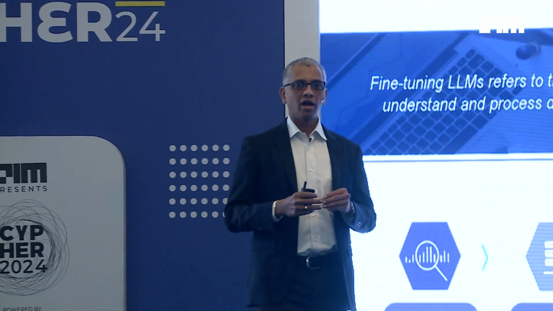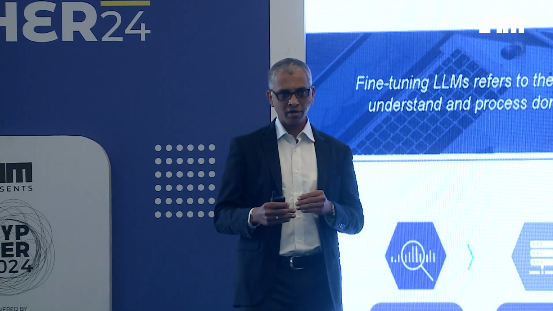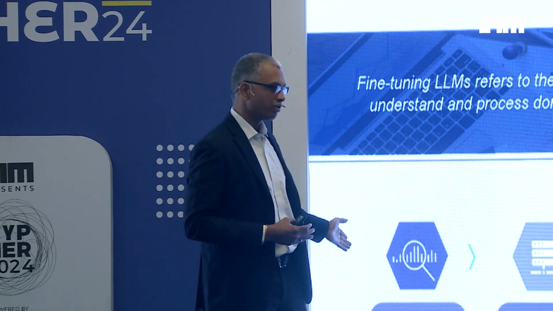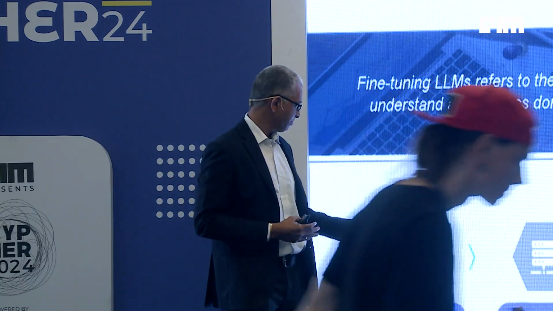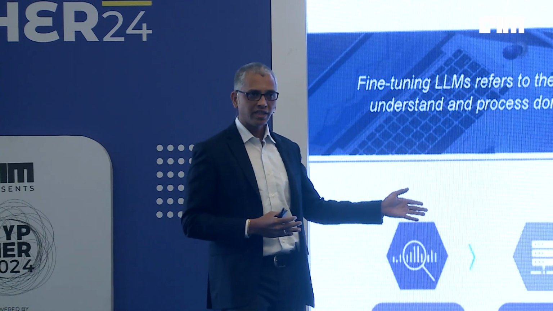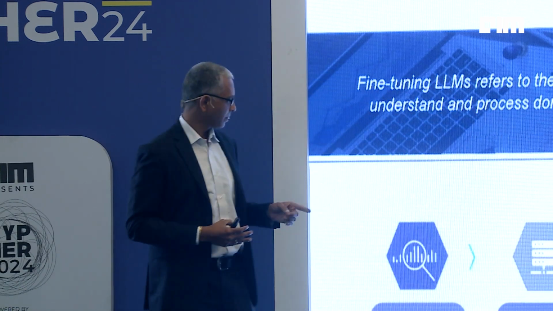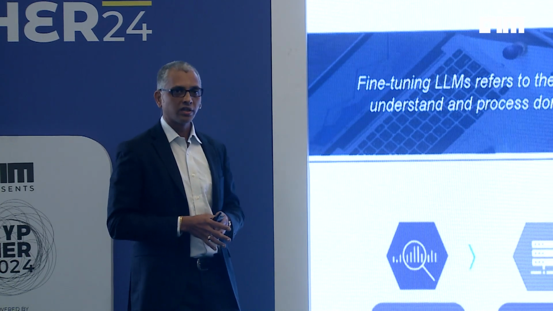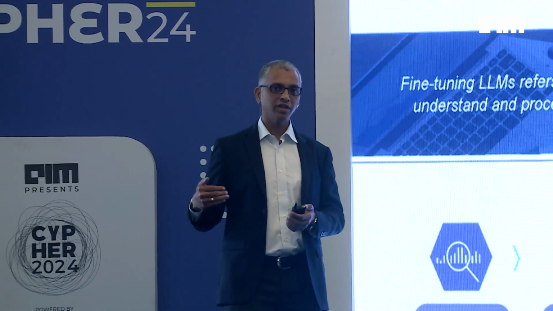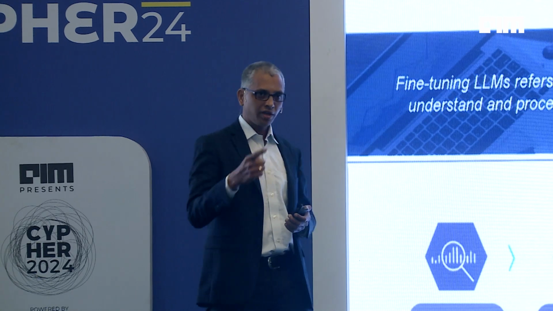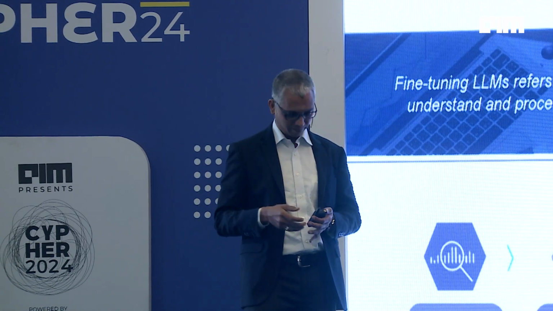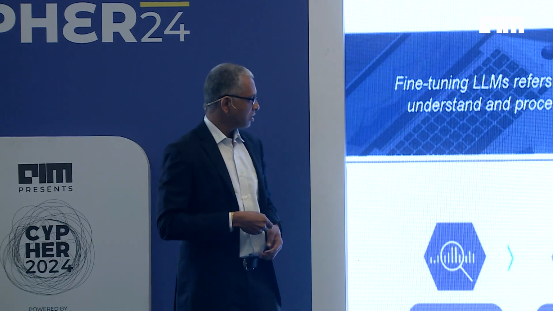I just want to zoom in on how we do the fine-tuning. First we prepare the training data, then we take the pre-trained language model, then fine-tune the language model. There are techniques, I'm going to cover that in detail. Then, very importantly, the final step is that you validate, then deploy.